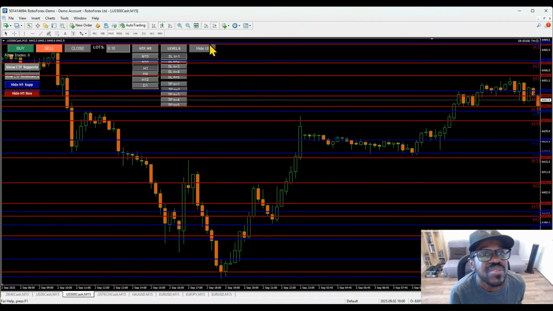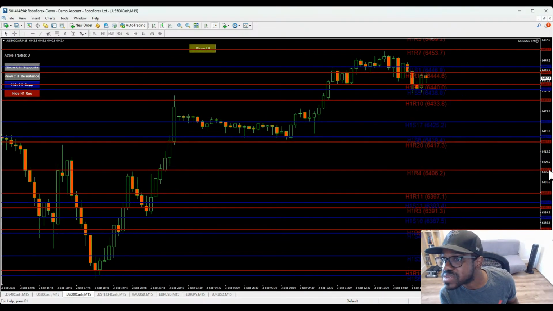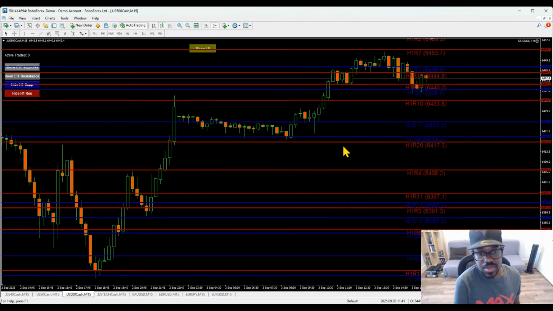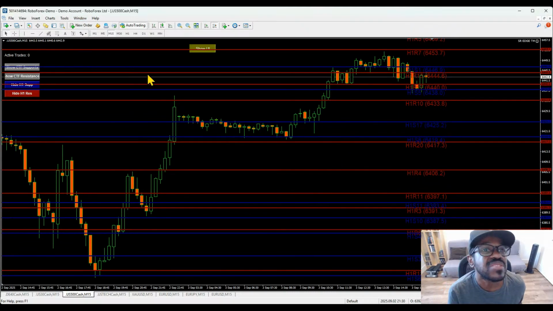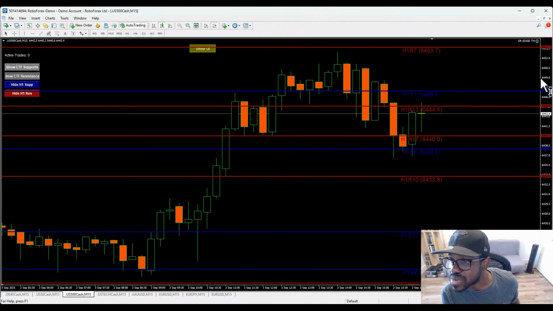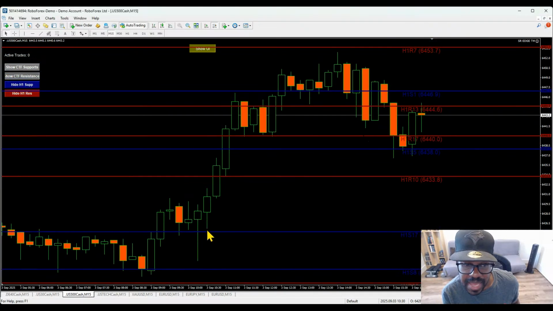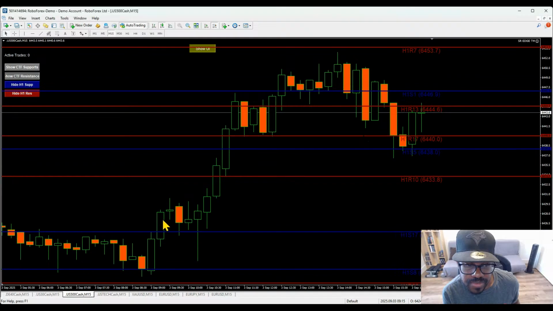All right, so I'm always going to be looking at the H1 and see what we are expecting. So I'm just going to zoom in. Based on what I'm seeing here, we do have a fair value gap off of that move.